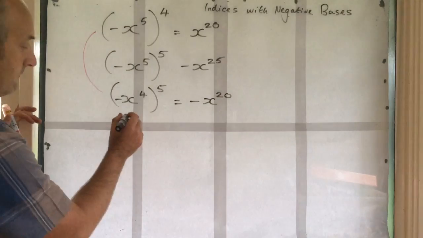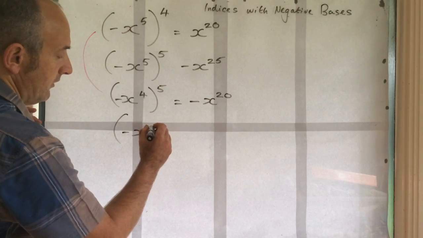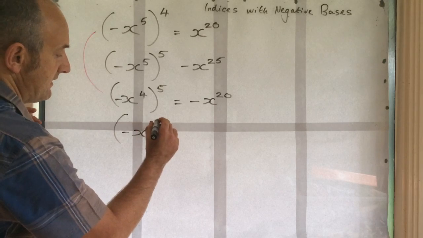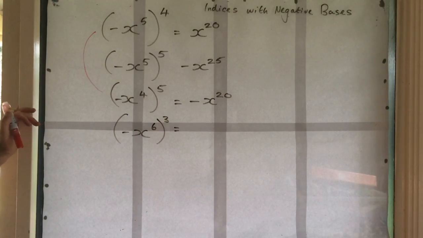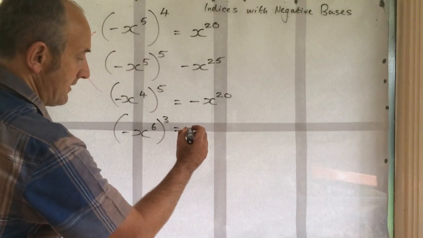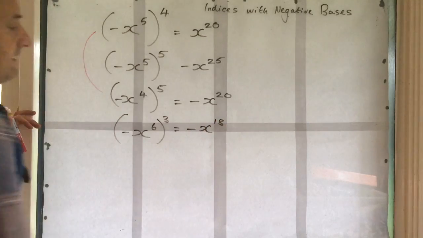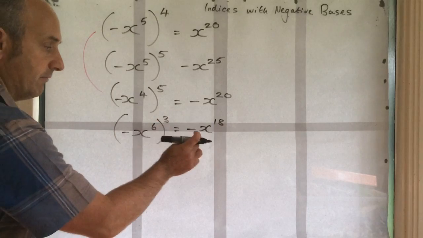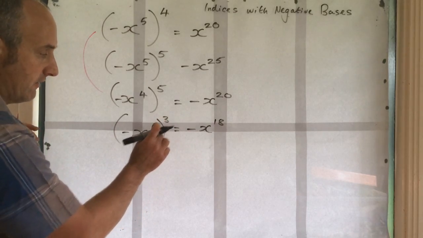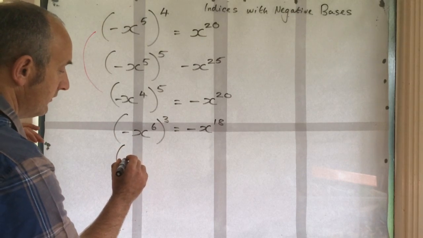Okay, let's try another. Negative x to the 6, to the 3. Now this is going to give me negative x to the 18, because it's negative to an odd number, so the answer is going to be negative. Let's try another one.